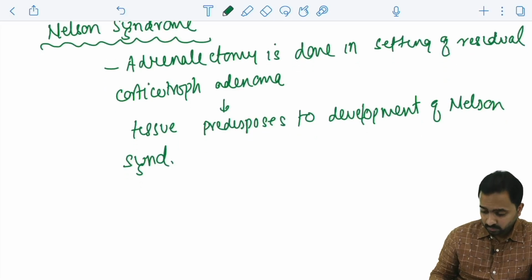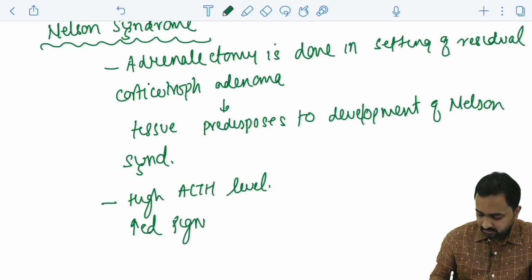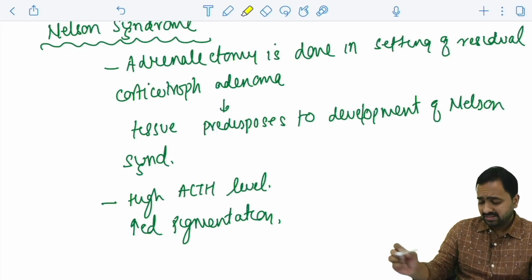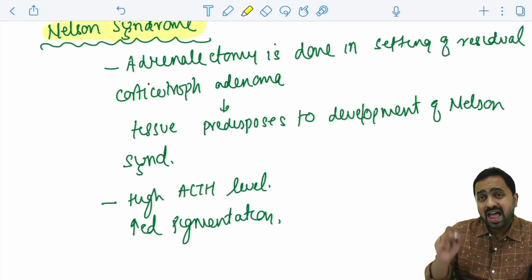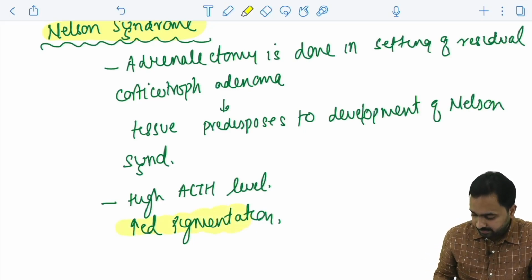So what happens over here is there is high ACTH levels and there is increased pigmentation. So you will be getting some clinical scenarios for Nelson syndrome. Over here, the most important keyword would be increased pigmentation.